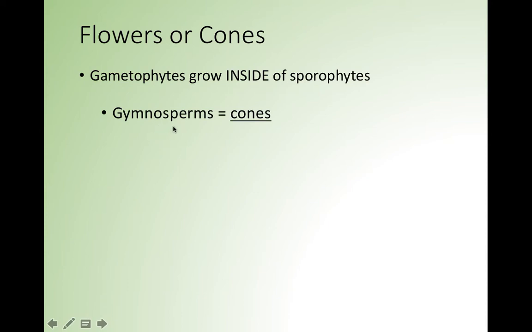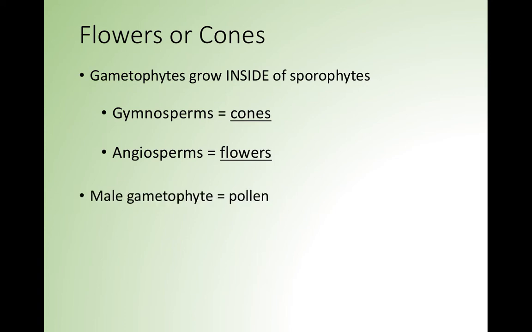Okay, in gymnosperms, this happens in structures called cones, and these are specialized structures that have scales that kind of store the female gametes and provide an area where fertilization can occur. When it comes to angiosperms, similar function, but they're called flowers. We'll look at these more in detail later on in the slide, so I'm just listing them here.